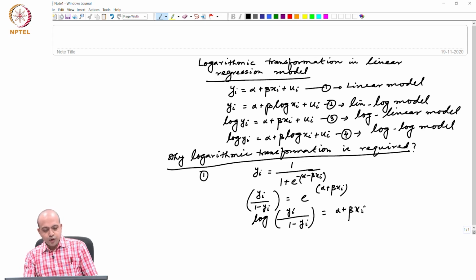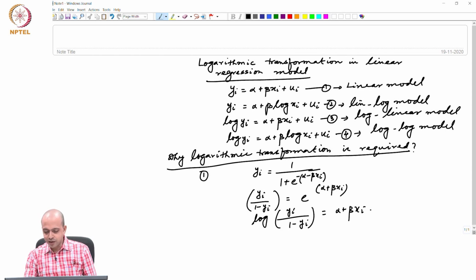So, when your yi and xi are non-linearly dependent, you can calculate 1 minus yi first, then divide yi by 1 minus yi, and you will get e to the power alpha plus beta xi, and then if you take log, it would become log of yi by 1 minus yi equals alpha plus beta xi.